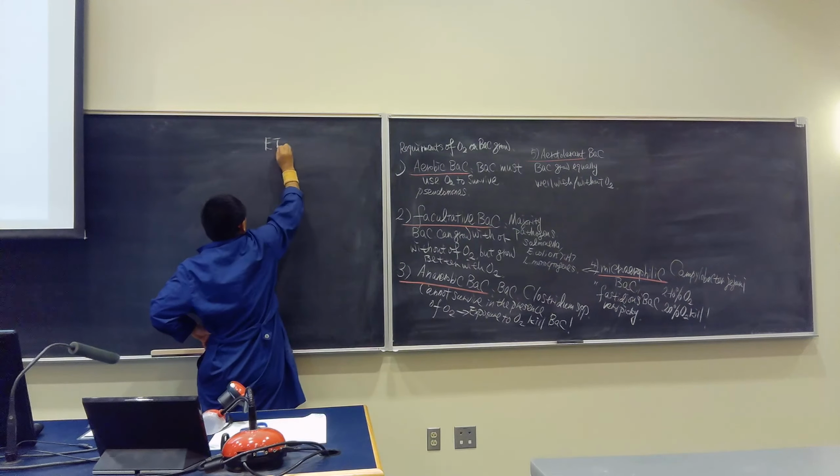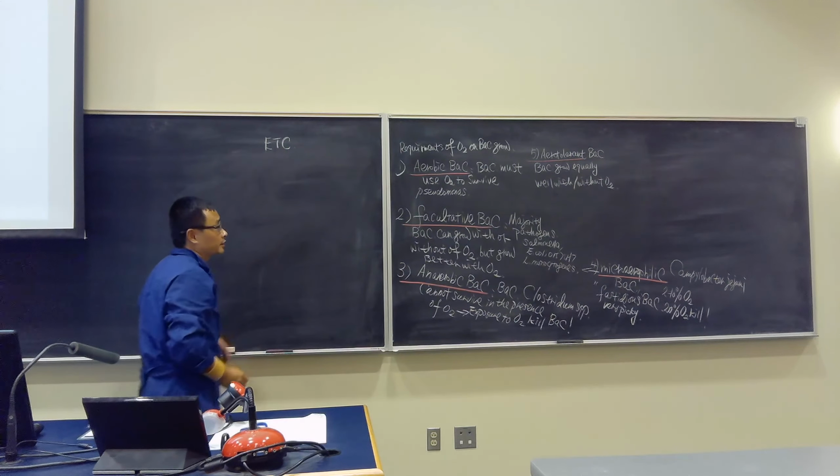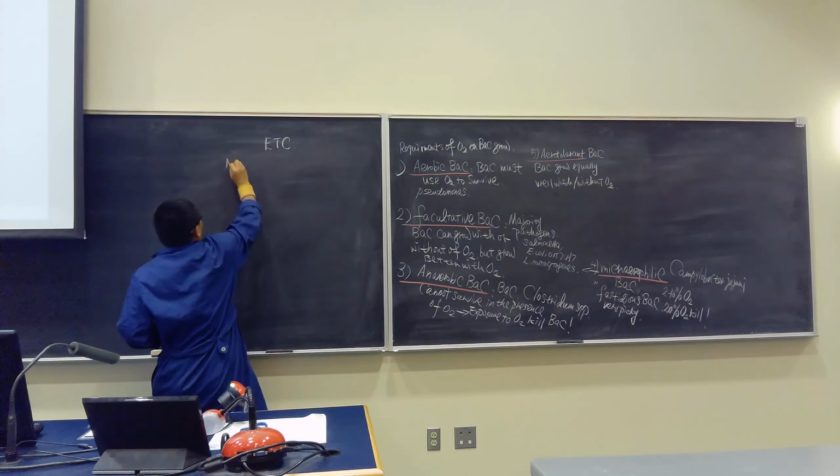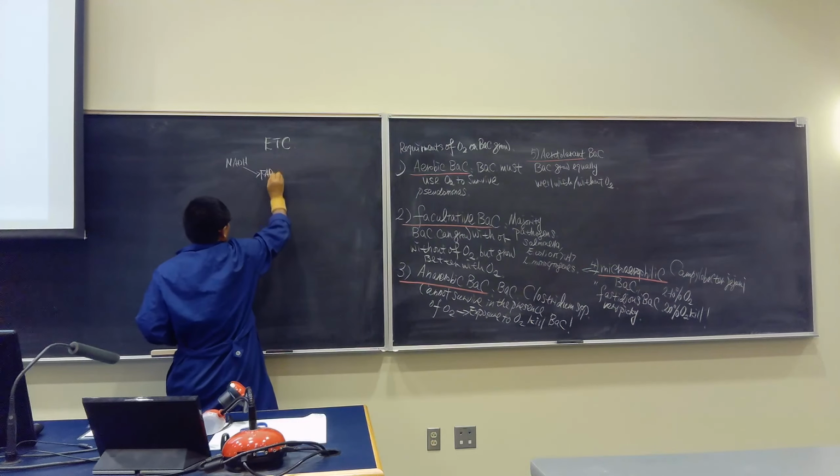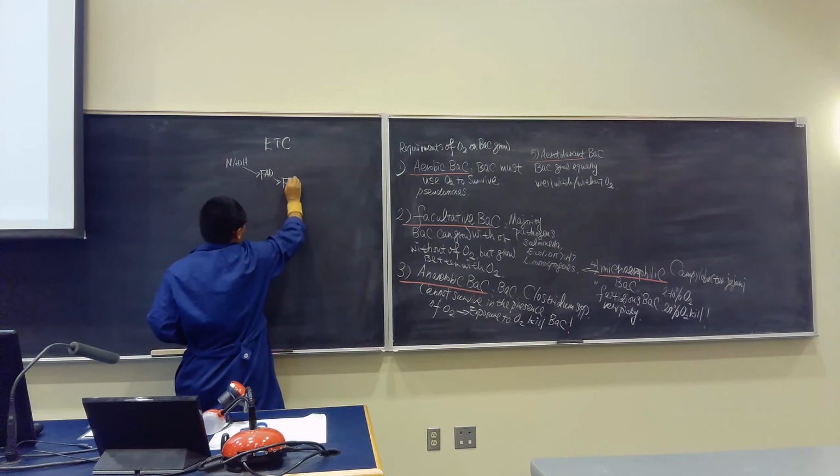You have the electron transport chain, ETC. What does it look like? NADH goes to FAD, then there is FMN and FeS.